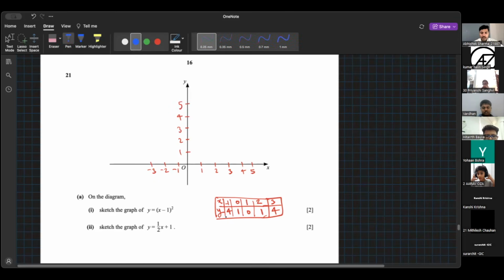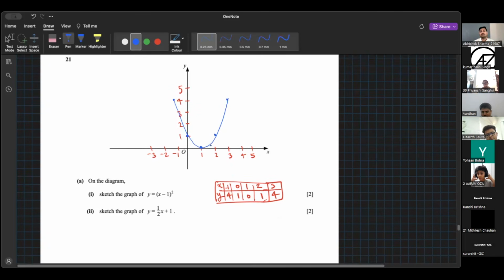At negative 1, it is 4. At 0, it is 1. At 1, it is 0. At 2, it is 1. At 3, it is 4 again. We have plotted enough points, and then you just join them freehand like this.